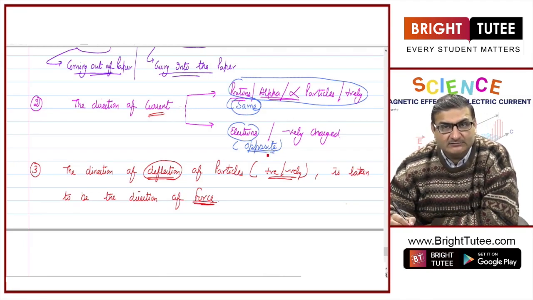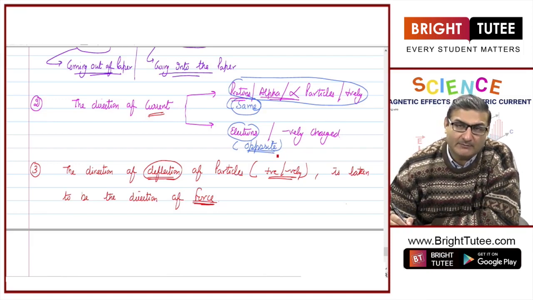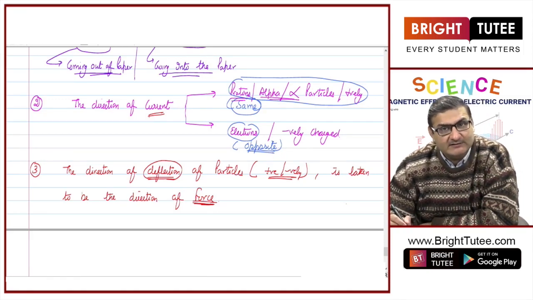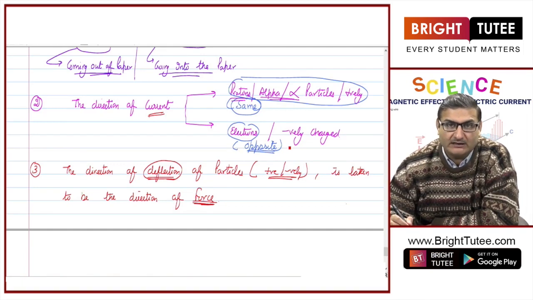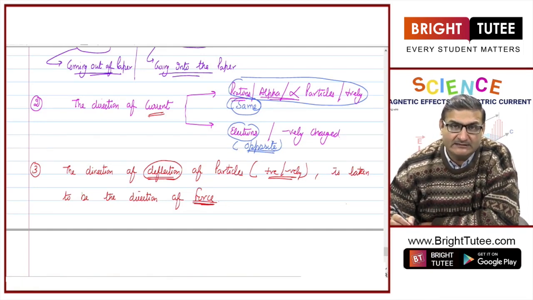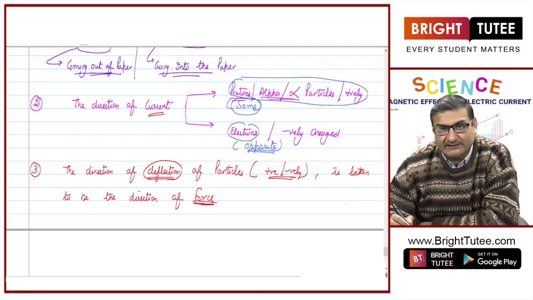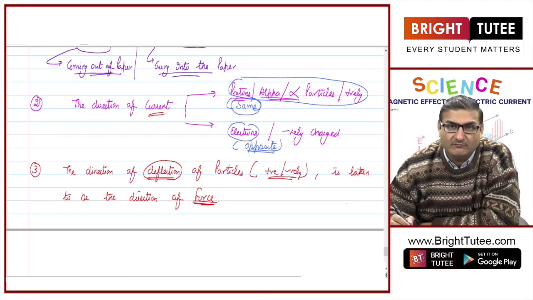If they are electrons, the direction is taken to be opposite to them. Talking about magnetic field lines, they always go from north to south. Directions: north, south, east, west, geographic south, geographic north, upward, downward, coming out of the paper, going into the paper, we saw that. And the direction of deflection will be the direction of force.